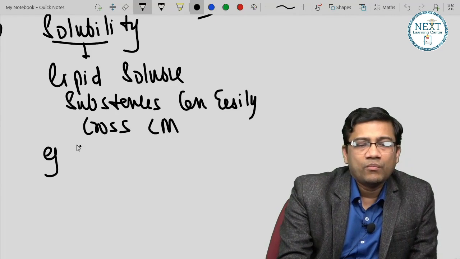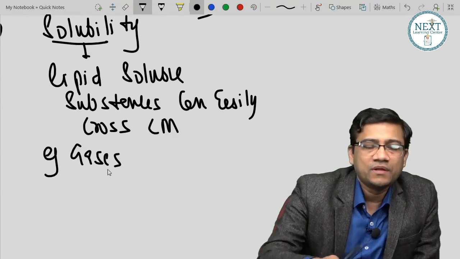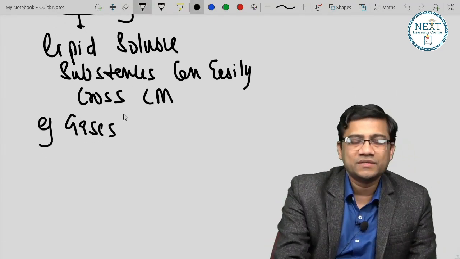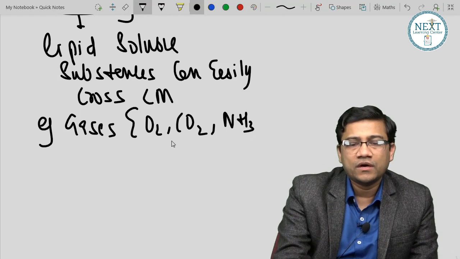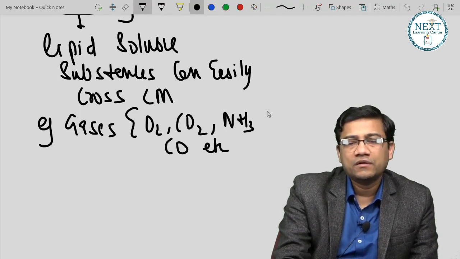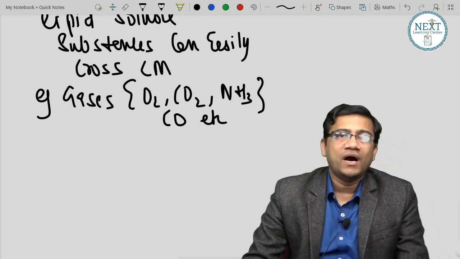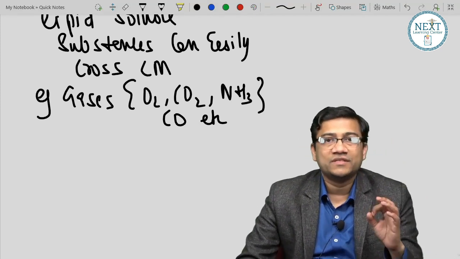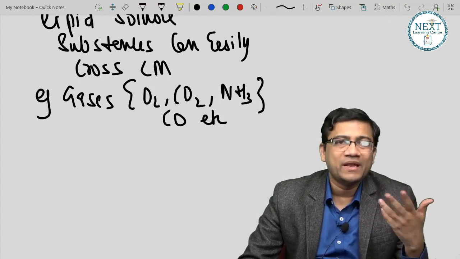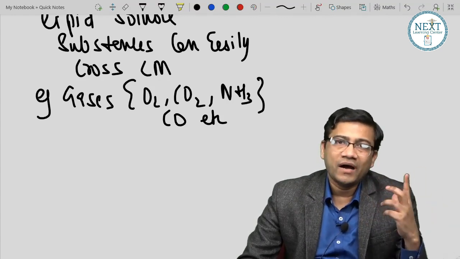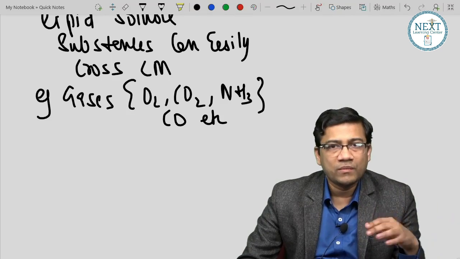Example, most gases, like O2, CO2, ammonia, carbon monoxide, etc. So they all are able to cross. Why? Because they are non-polar. They are not charged, so that's why they are mainly lipid soluble. Polar ones are basically water soluble because of charge.